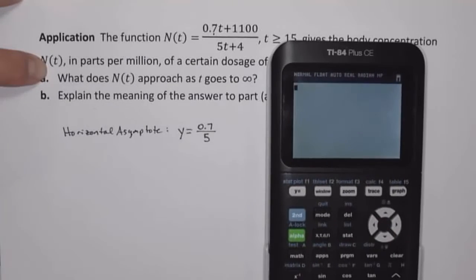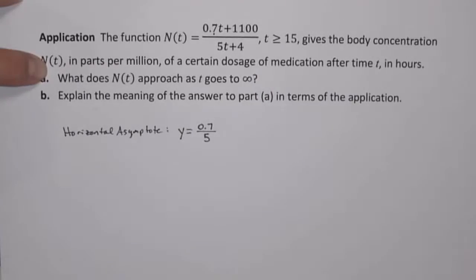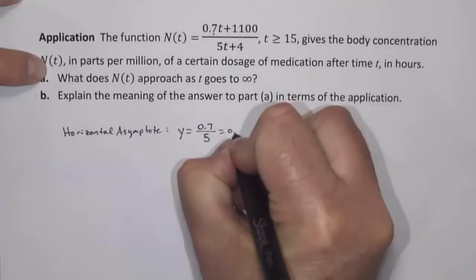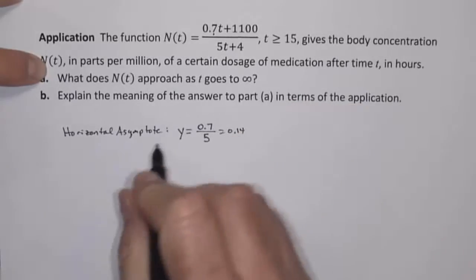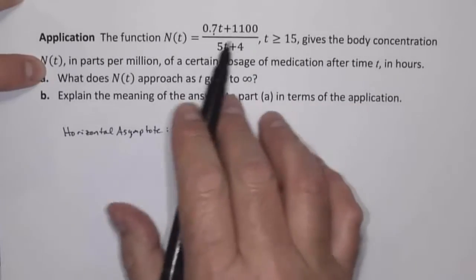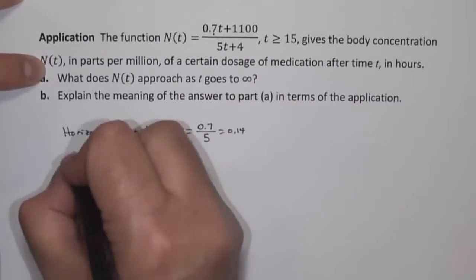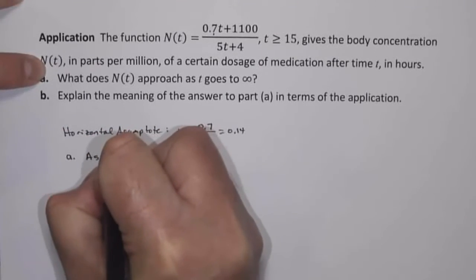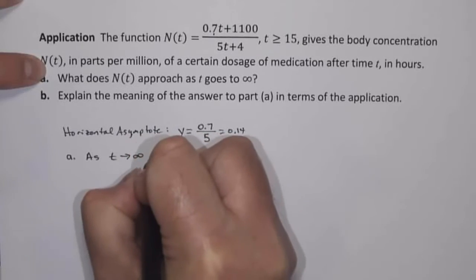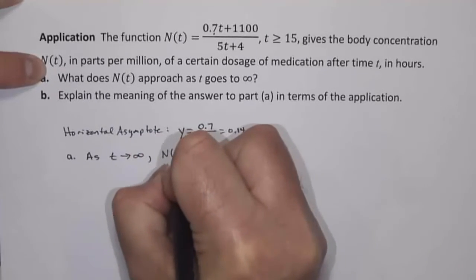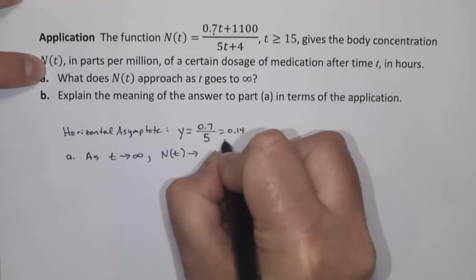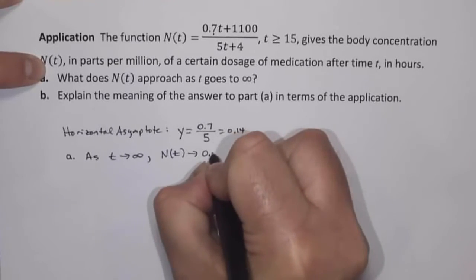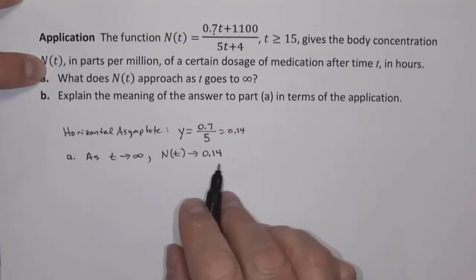So if I take 0.7 divided by 5, that is 0.14. So that is our horizontal asymptote if we were to graph this. So to answer question A, as t goes to infinity, N of t, the y value, is going to approach this horizontal asymptote, which is 0.14.